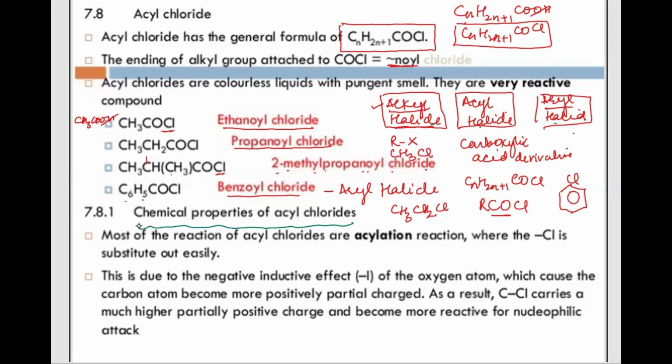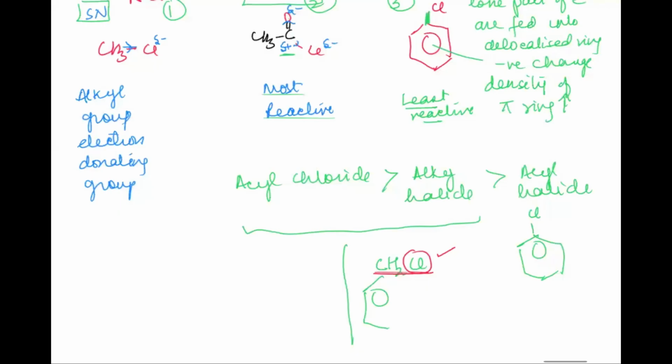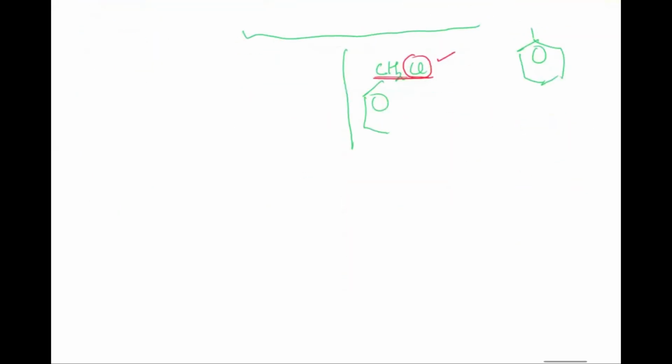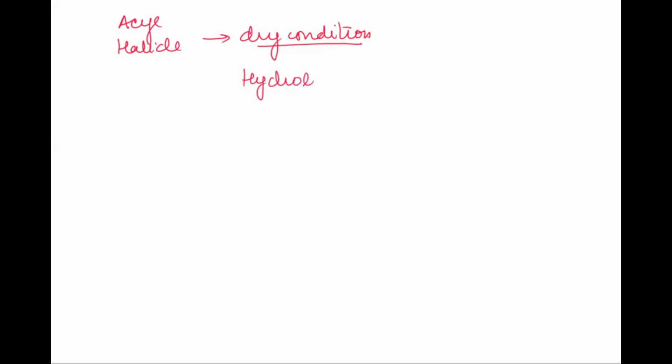As I already told you, acyl chlorides can easily hydrolyze, even combining with the moisture present in the air, so they are supposed to be kept in dry conditions. Whenever acyl halides undergo a chemical reaction, dry conditions should prevail. If there is moisture, then instead of that reaction taking place, they will undergo a process known as hydrolysis. They combine with water, so on hydrolysis, they will give you a different compound than what was expected.